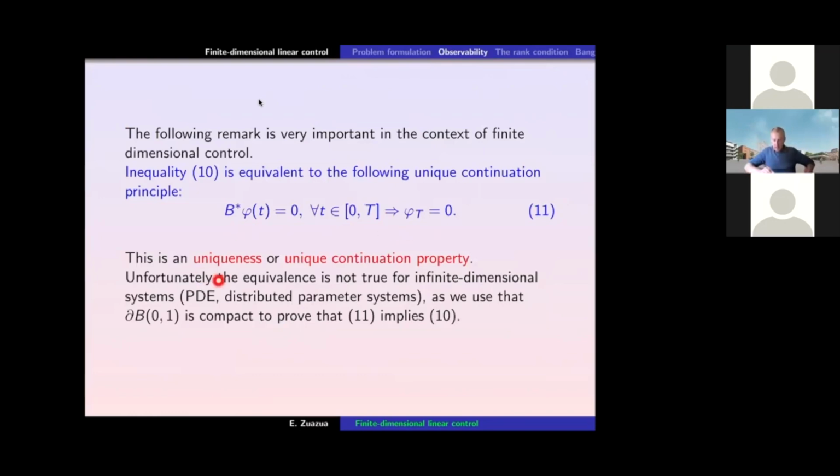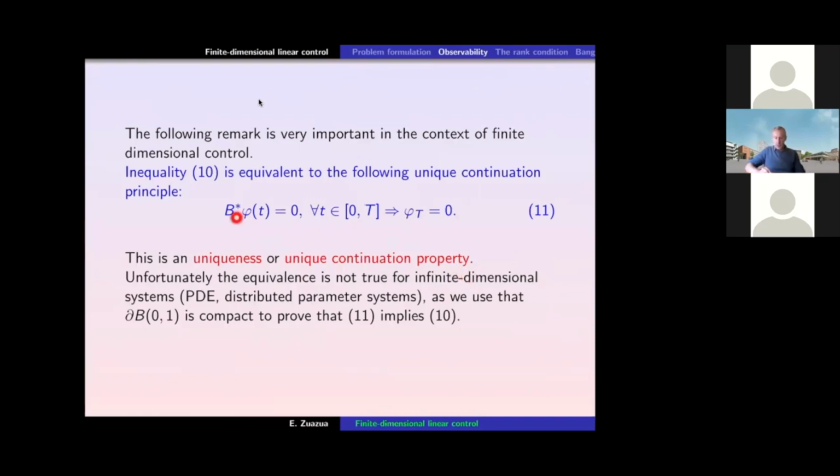So you see that because of all this duality between state, control, and observation, the problem of controllability is reduced to a problem of observability that, in the context of analytic functions and partial differential equations, is called a unique continuation property. Why unique continuation property?